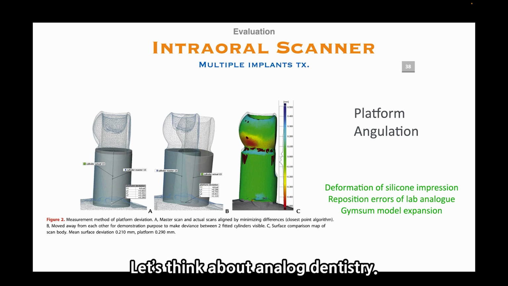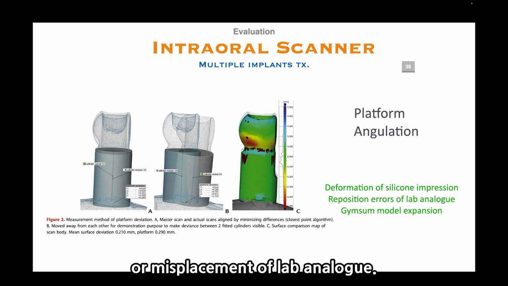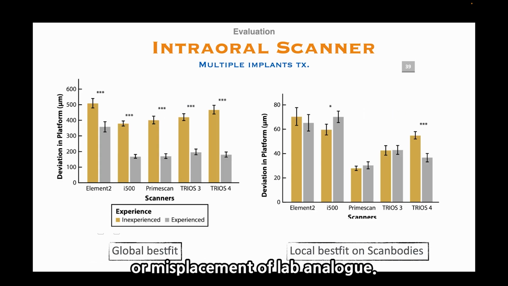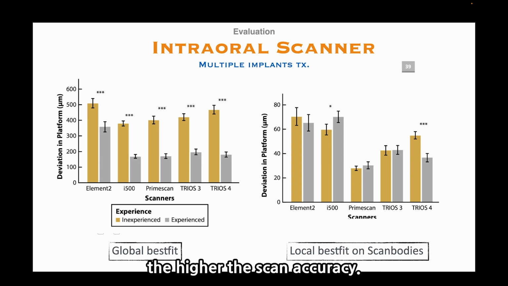Let's think about analog dentistry. We can make similar errors such as silicone impression, material distortion, or misplacement of the lab analog. The result shows the higher the proficiency, the higher the scan accuracy.